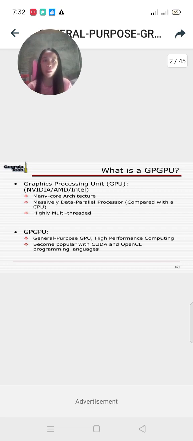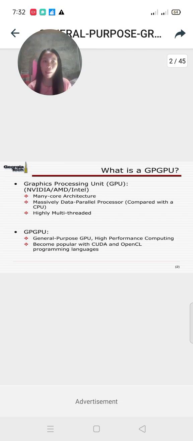GPGPU memory is used for transferring data between device and host. Shared memory is an efficient way for threads in the same block to share their runtime and data.